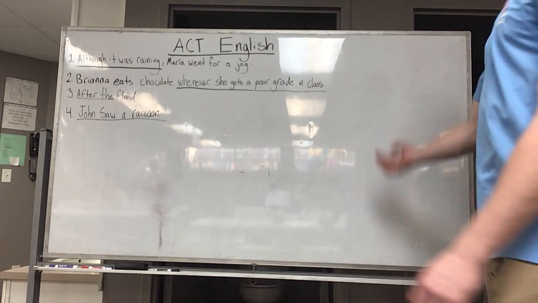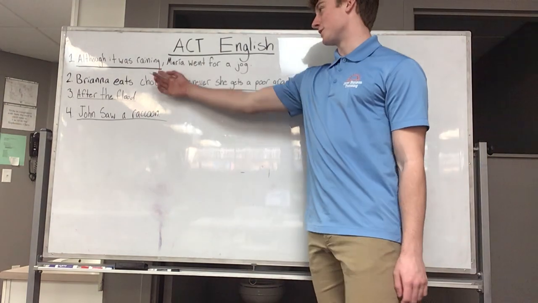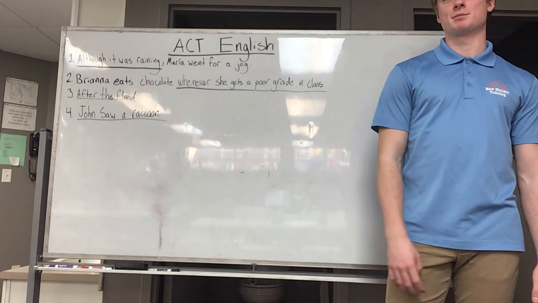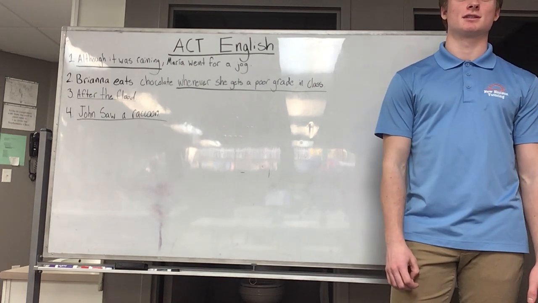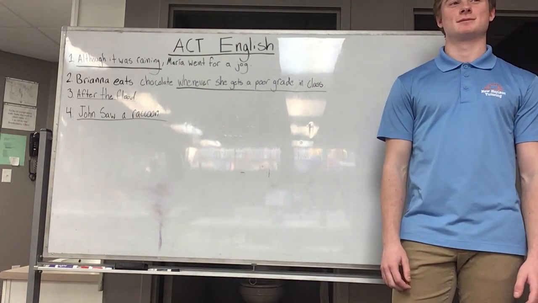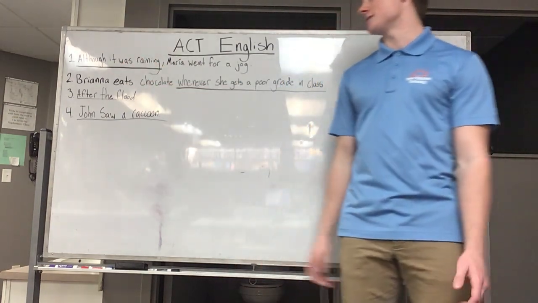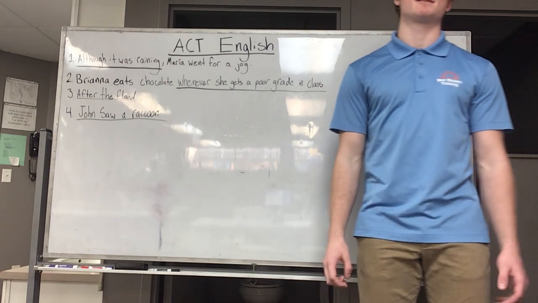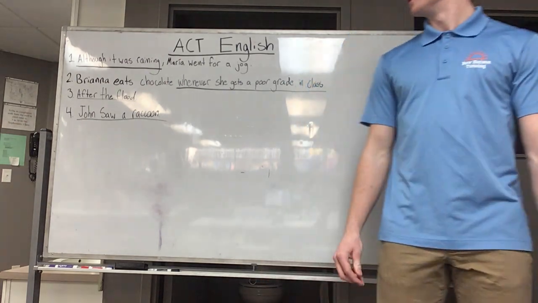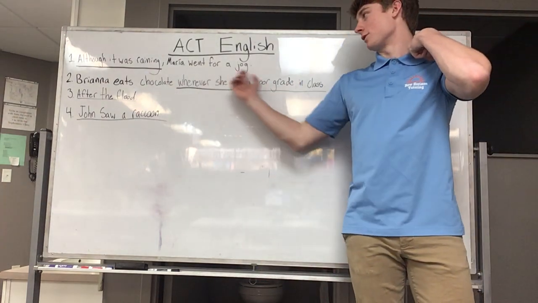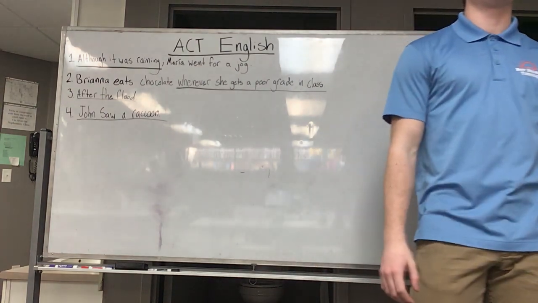So we'll just do some practice here. This first one, although it was raining, just that underlined part, is that independent or dependent? Yep, because you couldn't have that part as a sentence by itself. If I said although it was raining, you couldn't put a period after that. Maria went for a jog. Independent or dependent?